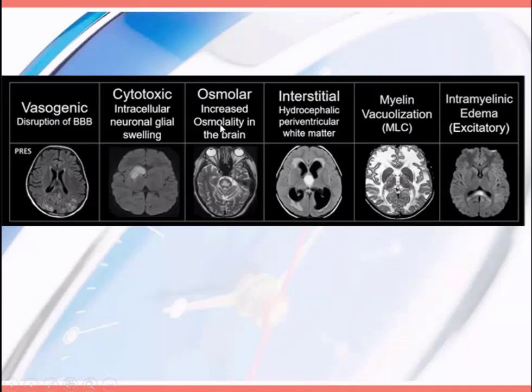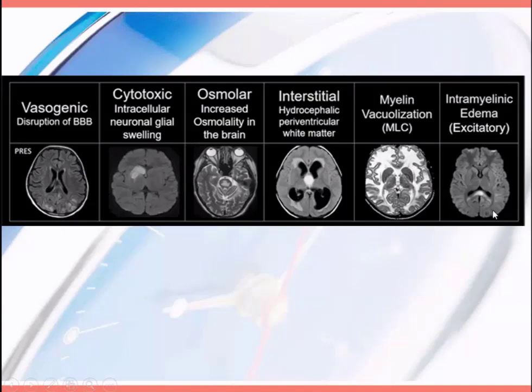Then we have the osmolar increase, which occurs in central pontine myelinolysis in electrolyte imbalance. You can see that there is increased osmolarity in the brain and the fluid inside the brain. Then we have the interstitial, which is known in transependymal CSF permeation, and then myelin vacuolation, which occurs in vanishing white matter in Van der Knaap disease, where the myelin accumulates fluid.